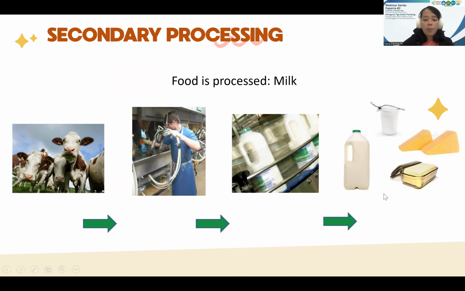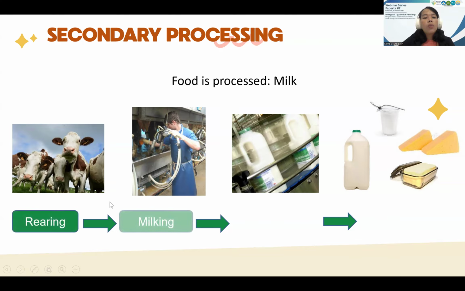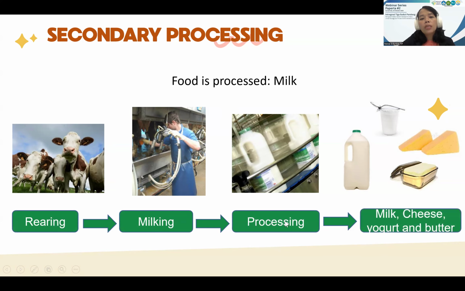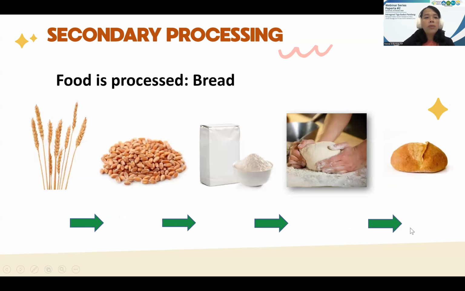In the secondary processing, we can see an example of how food is processed, like milk. We rear the cow or the cattle, do the milking process to get fresh milk, and we convert it into milk, cheese, sugar, and butter.